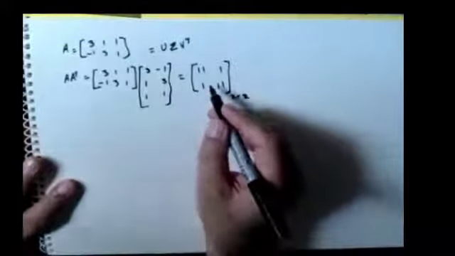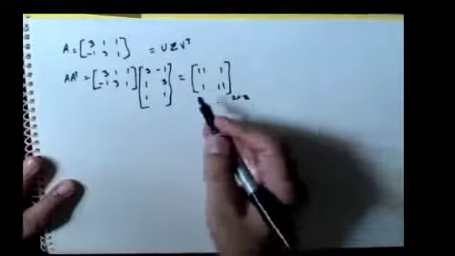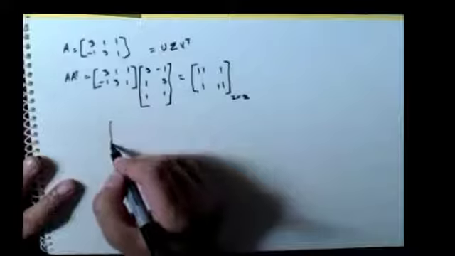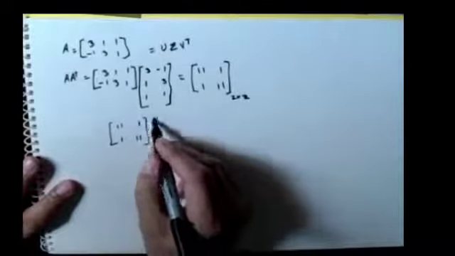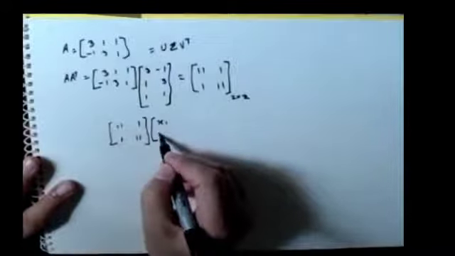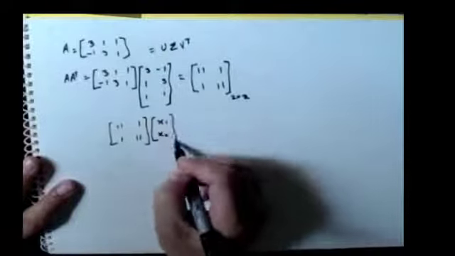Now let's find out the eigenvalues for this one, right? So we know that eigenvalues are those values that just stretch any vector that gets multiplied by this matrix, right? Suppose that this vector is x1 and x2.